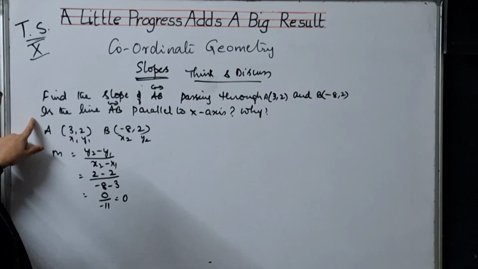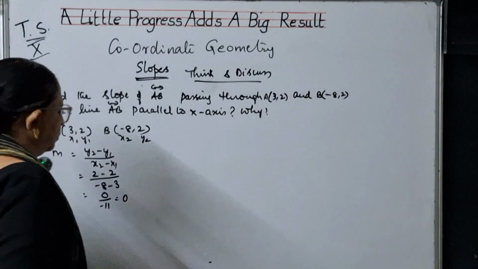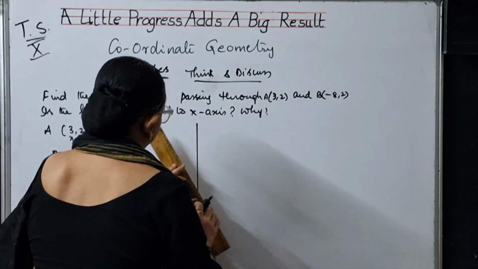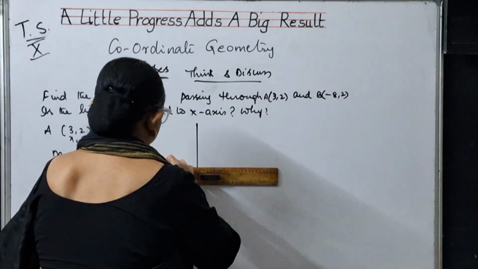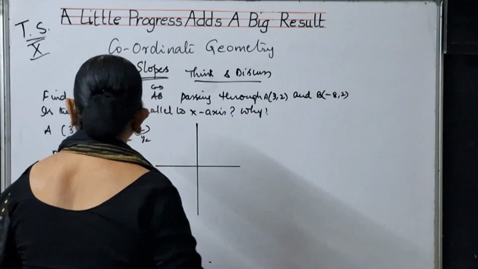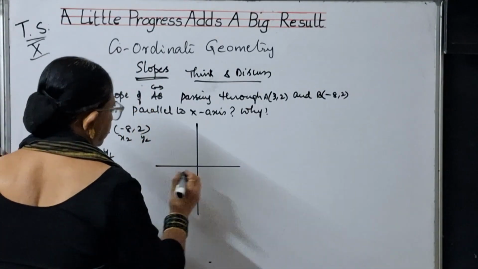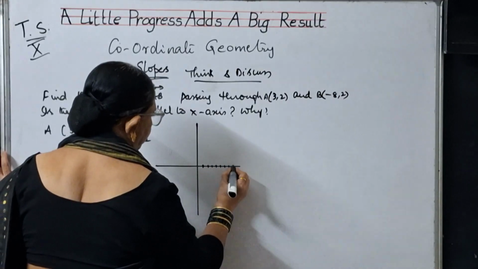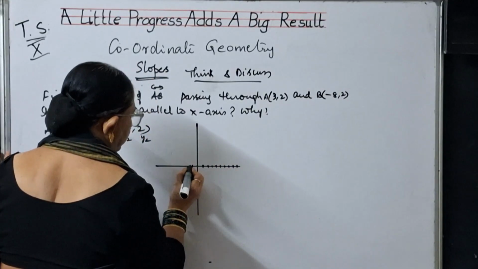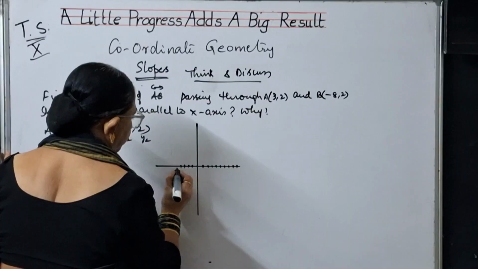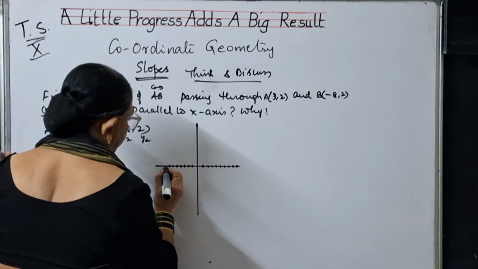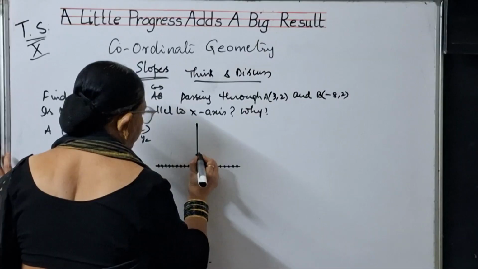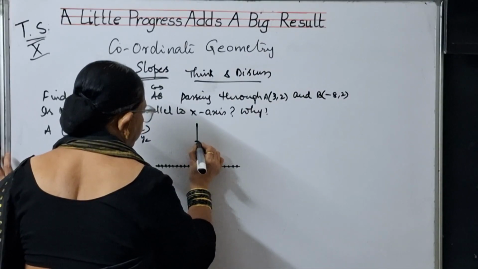Now the question is, is the line AB parallel to the x-axis? This we can do by observing the coordinate axes. Minus 8 means, see, 1, 2, 3, 4, 5, 6, 7, 8, 9, 10.